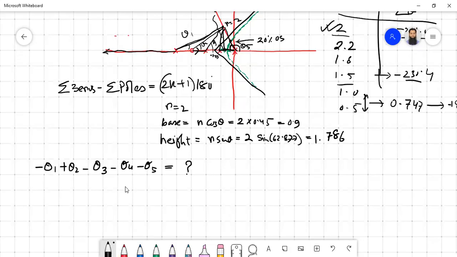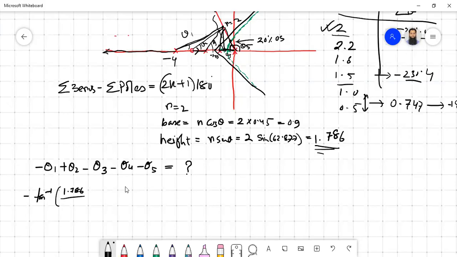So height we already calculated. Height will always remain the same, and the base will be changing. Okay, so the base itself is 0.9 approximately. So we can figure out what is tan inverse minus tan inverse. Height is always the same, that is 1.786 divided by the base. This pole is actually at -4.